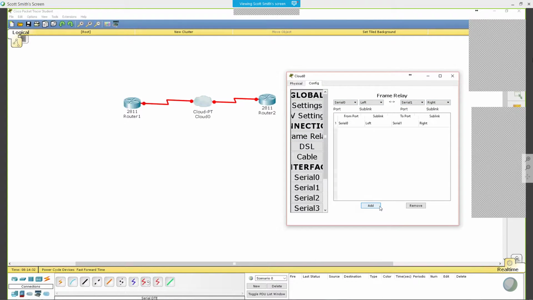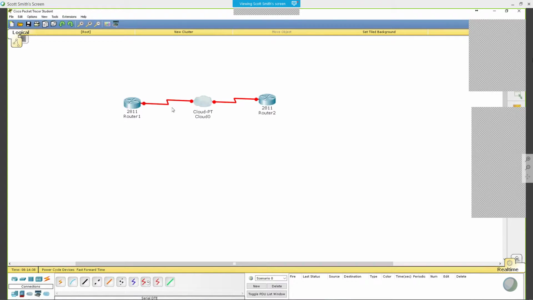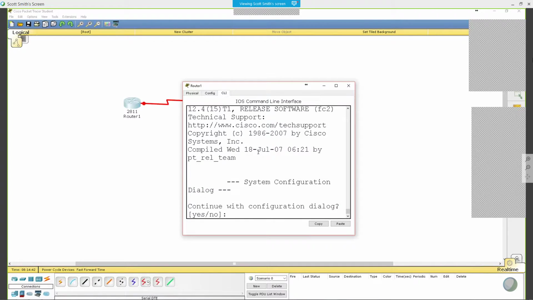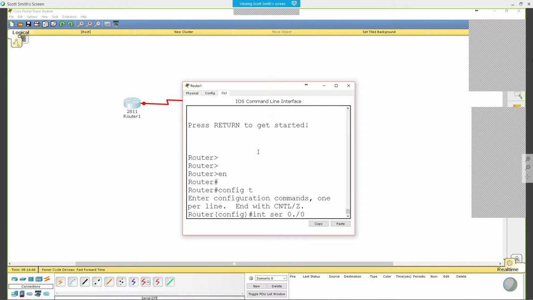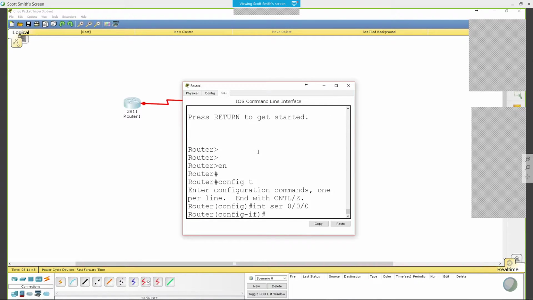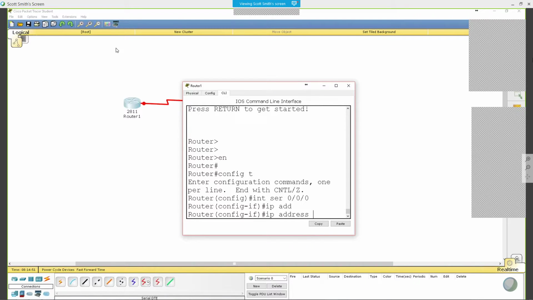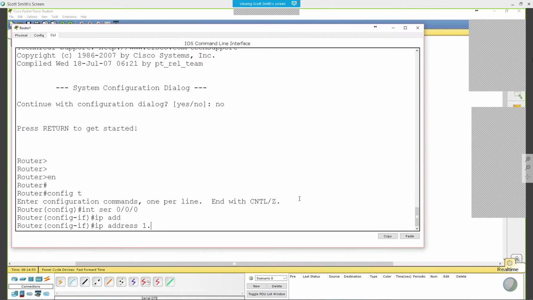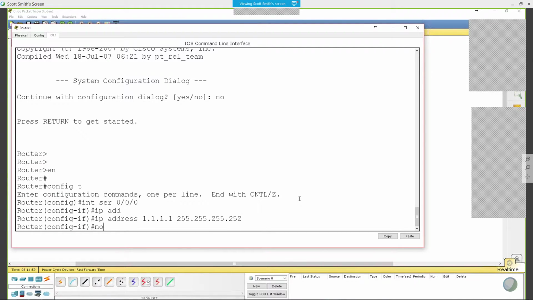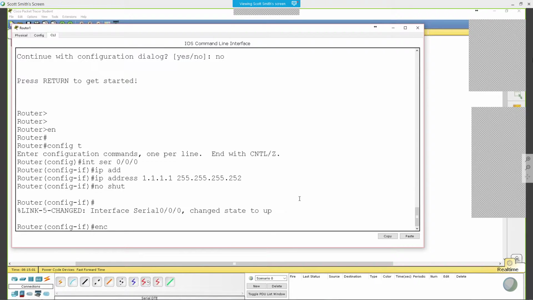Now I basically just built my PVC through the cloud, and now I'm done. I just have to go into the router on the left. Config t, interface serial 0/0/0, IP address 1.1.1.1, 255.255.255.252, no shut, encapsulation frame relay.